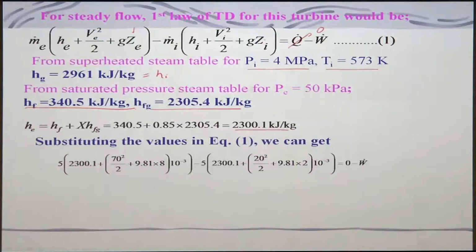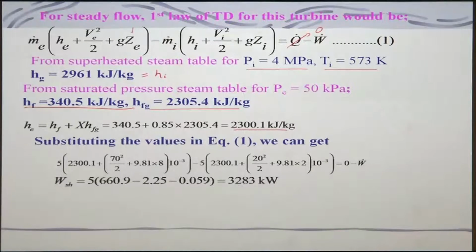Substituting those values in equation 1, you can find the shaft work as basically 3283 kilowatt. Look at this term, which is very low, corresponding to the change in kinetic energy, and this is corresponding to the change in potential energy. Of course, this is multiplied by the mass.